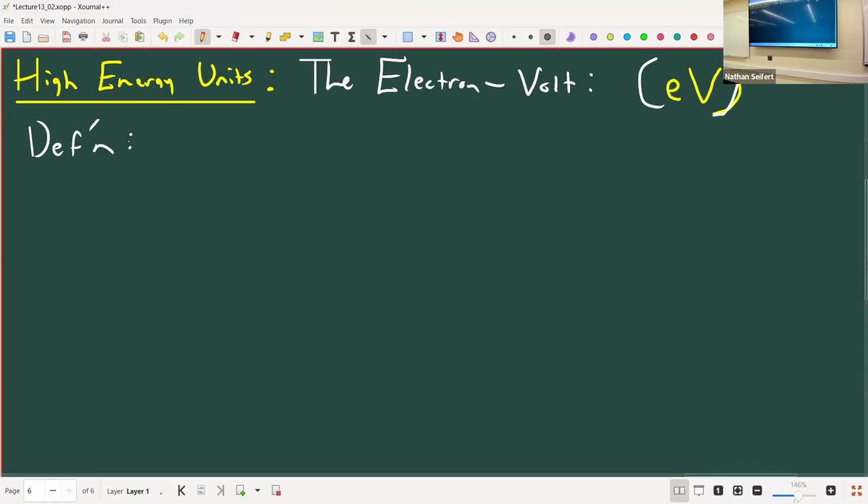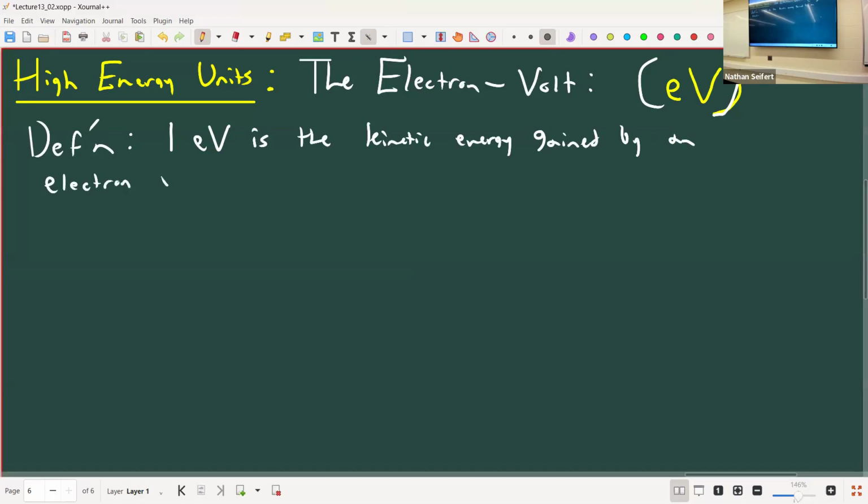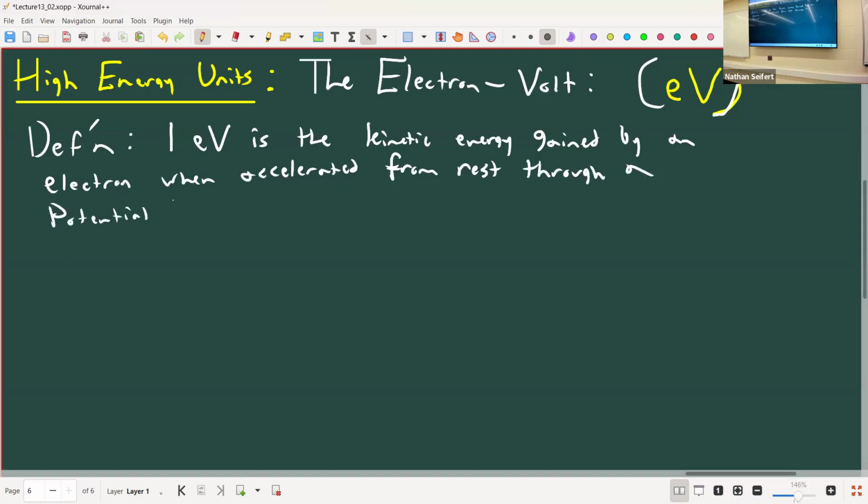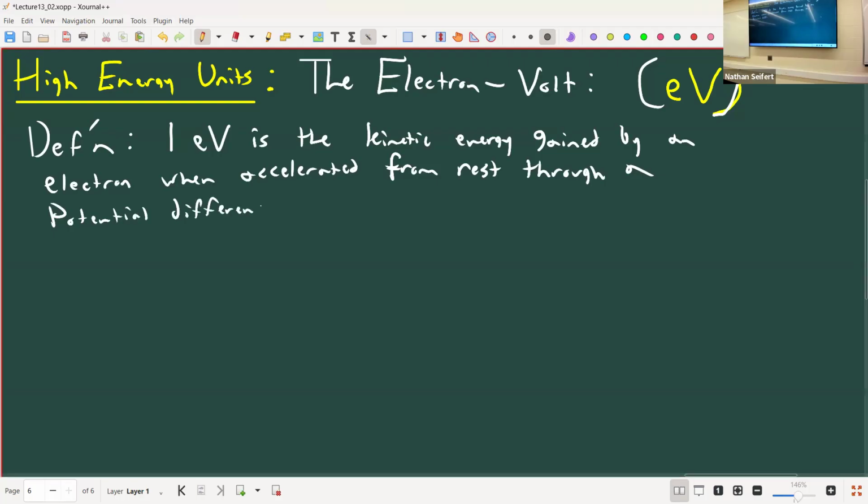The definition of an eV is: 1 eV is the kinetic energy gained by an electron when accelerated from rest through a potential difference of 1 volt.